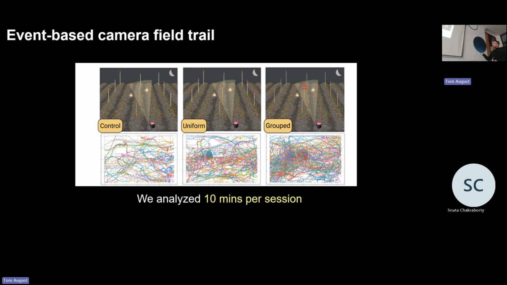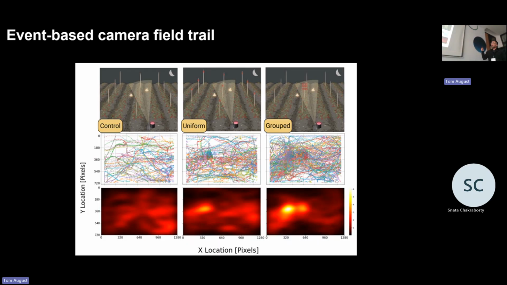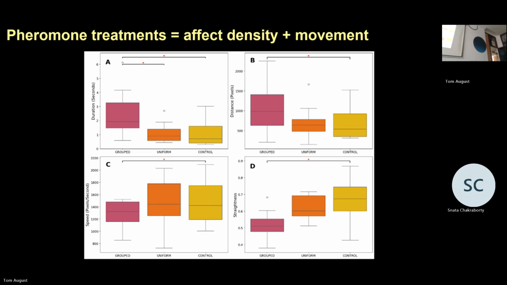And you can already see that the density of flight tracks in the group treatment was much higher compared to the 2 other treatments. And also that the activity tended to cluster around where we located the pheromones. We also found that the movement properties of the insects changed between the different treatments.